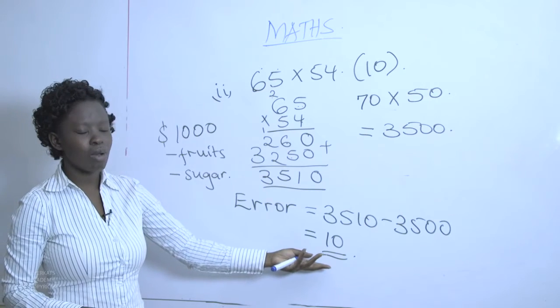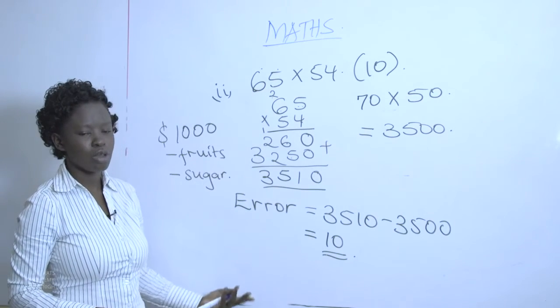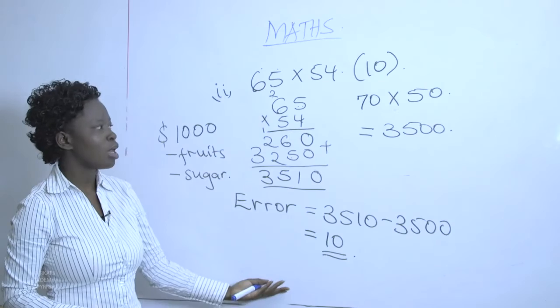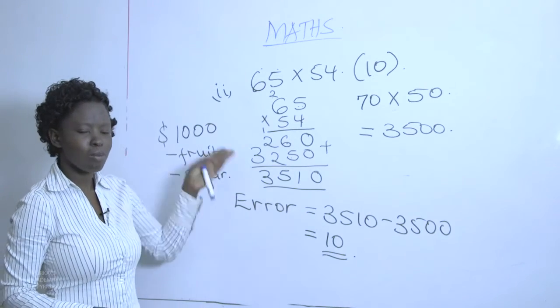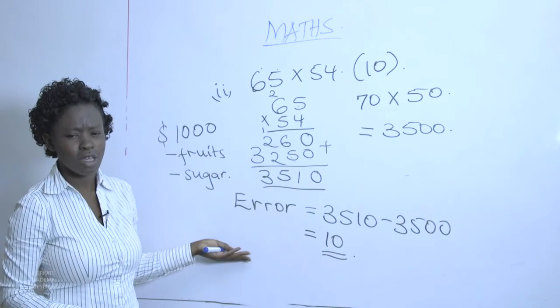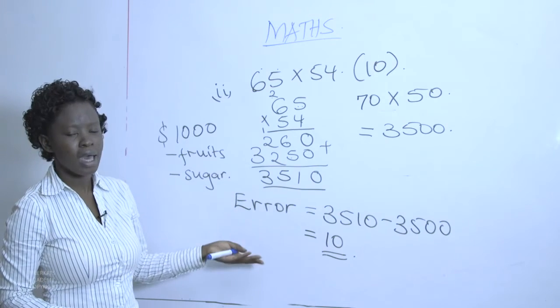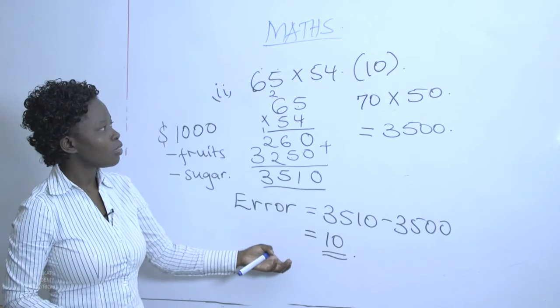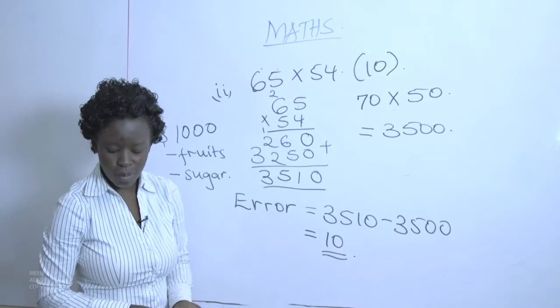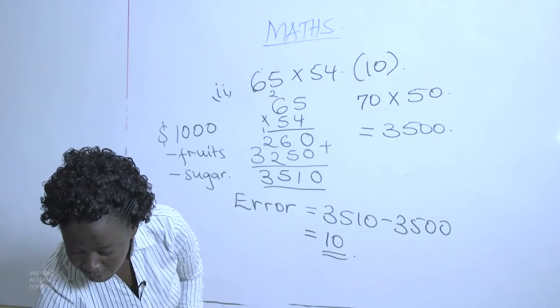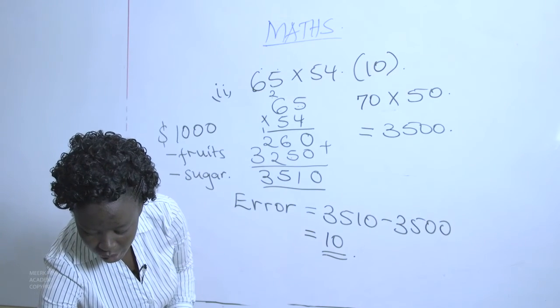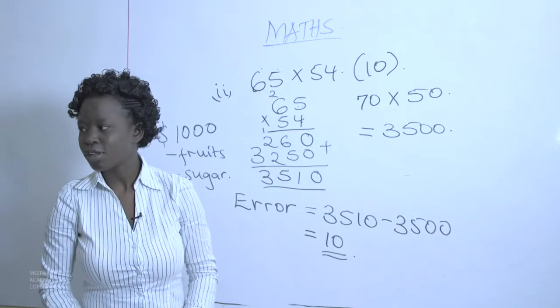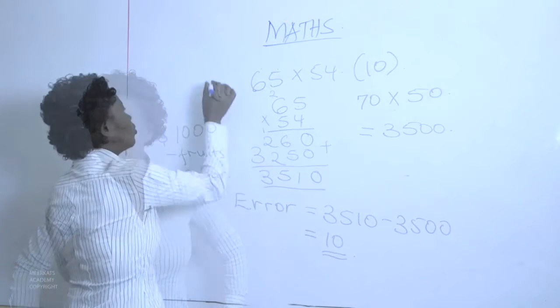And this big error will bring about some mistakes in your calculation. So you need to make sure that in the process of estimation of your figures, you obtain as small an error as possible. So that is all to do with approximation or estimation and rounding of positive digits.